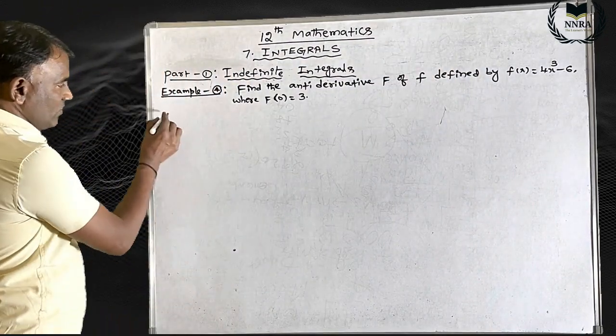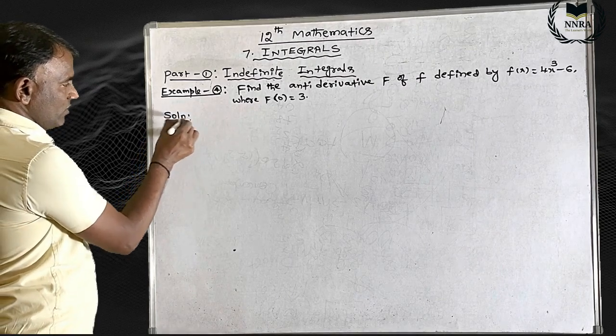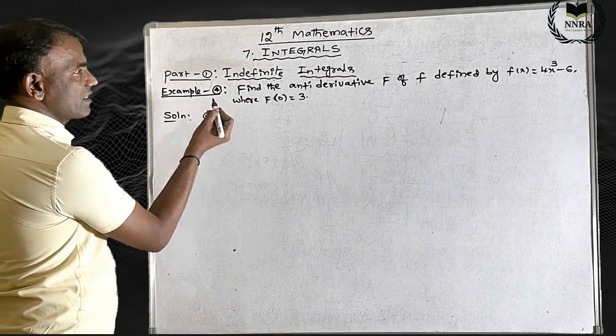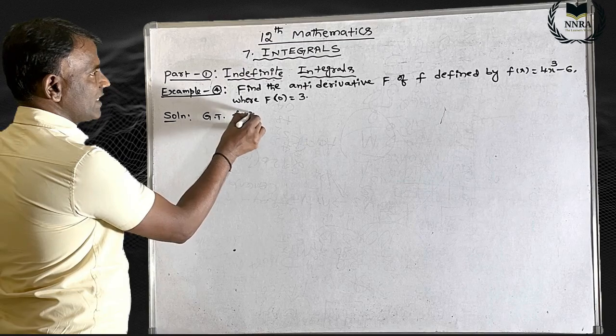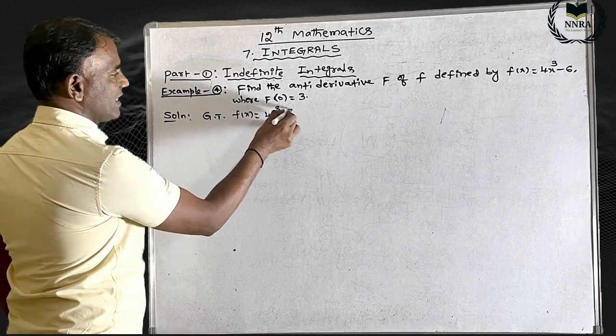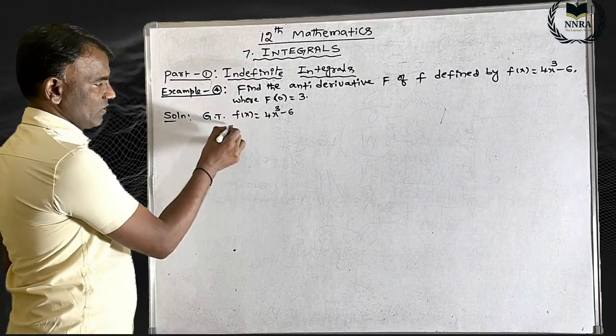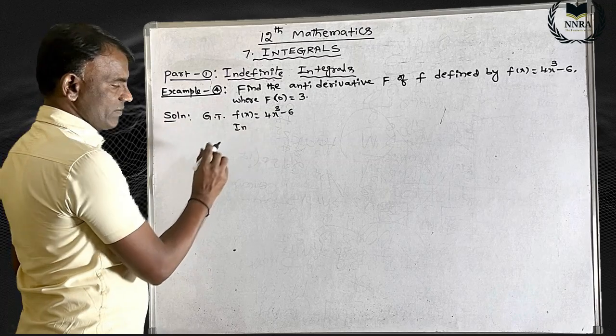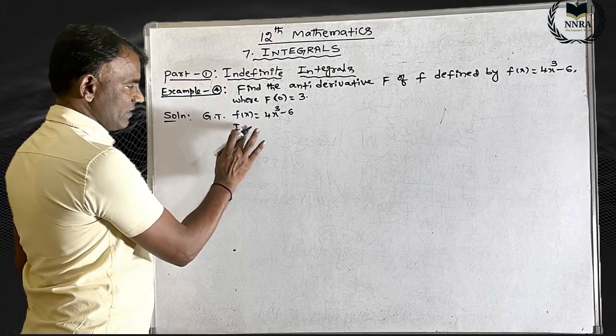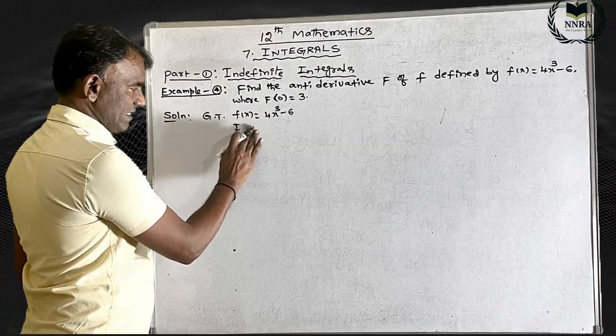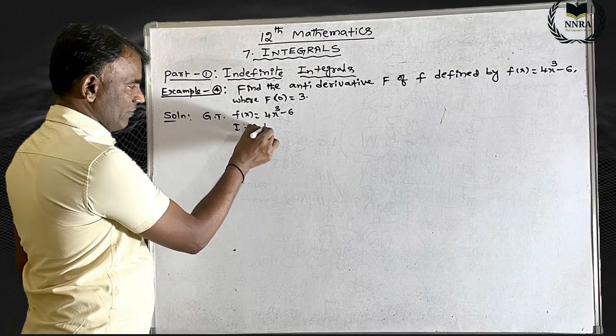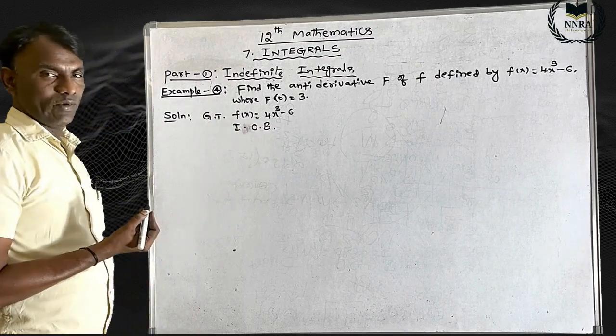Okay, now the solution. What is the given function here? Given that f of x equals 4x cube minus 6, right? Now integrating on both sides, but I am not writing the full sentence, simply I am writing IOB, meaning integrating on both sides.